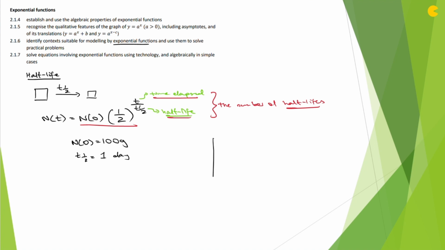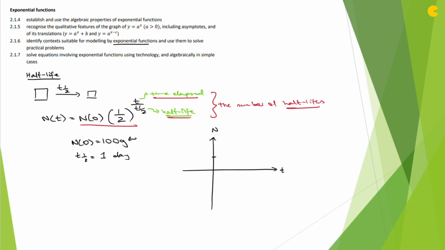And then we can graph this with the y-axis being N and our x-axis being t, given that t is our independent variable because the amount of time that's elapsed influences how much mass we have remaining. And so at time equals 0, we have 0 time elapsed, so we have 1/2 to the power of 0, which is 1. And so it'll be 100 times 1, and that makes sense because at time 0 we have 100 grams of whatever we had at the start, right?